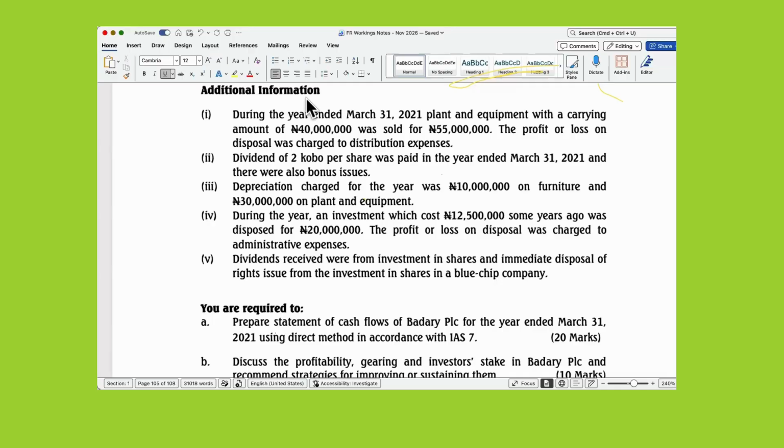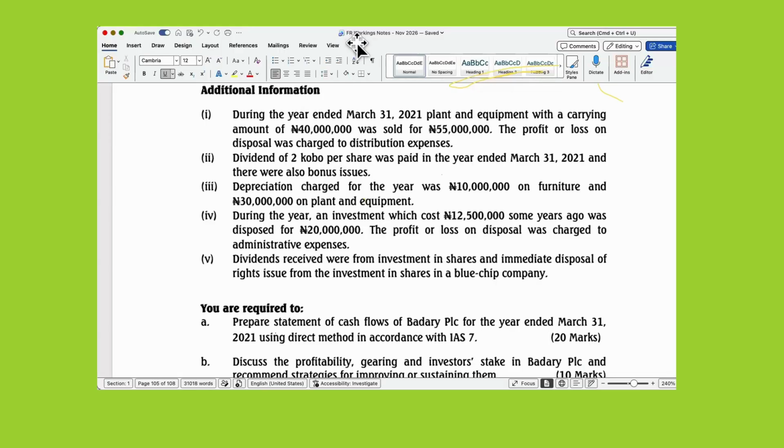It's the same analogy. That one too was a profit. When you charge it to distribution, it means it's deducted against distribution. Now we want to remove it. Since it's a non-cash item in the statement of cash flows, you add it.